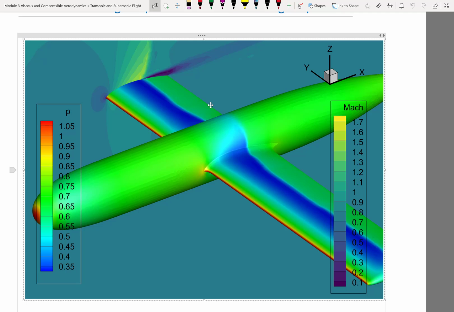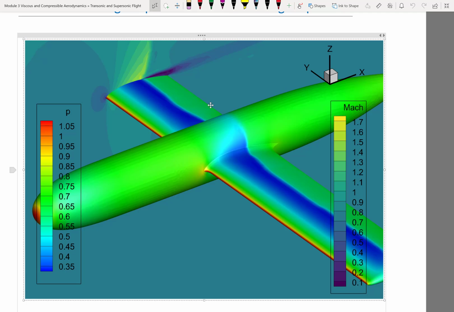All right, and this separated region, think about what the low Mach number means in the frame of reference of the ground, right? A low Mach number means the velocity relative to the airplane is small. And if you look at the wake, that means the velocity relative to the ground is actually fast.